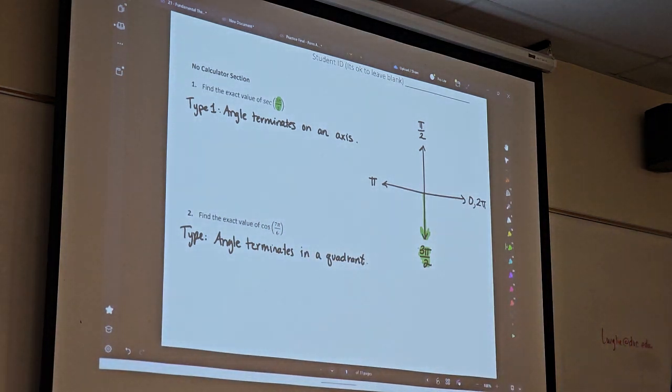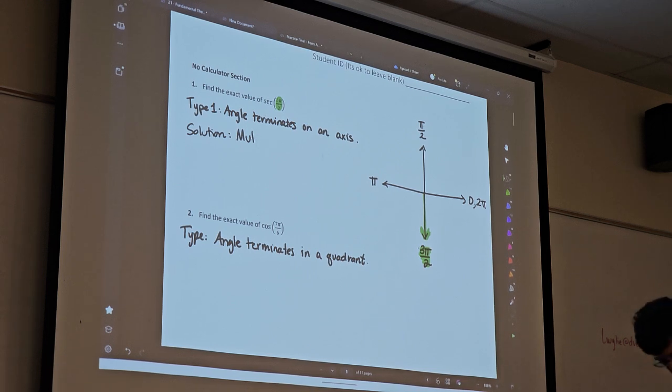Okay, so if you terminate on an axis, then for our solution, you must use the unit circle. You can't pretend like you're in a right triangle.